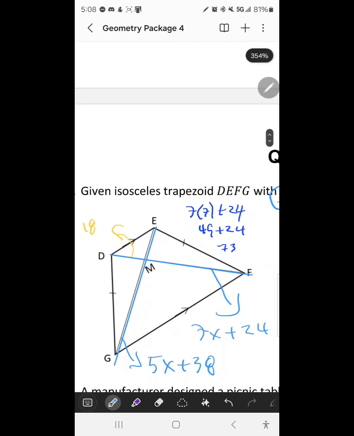And if we want the value for MF, we just say 73 minus 18, because 18 is this little side. So 73 minus 18. I'm sorry for the mistake.